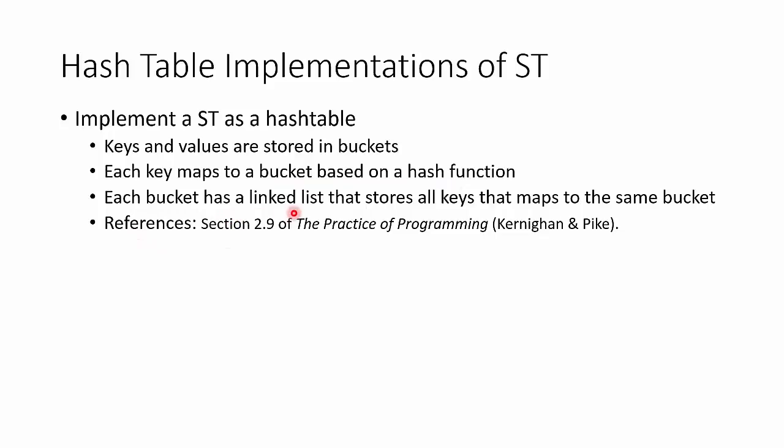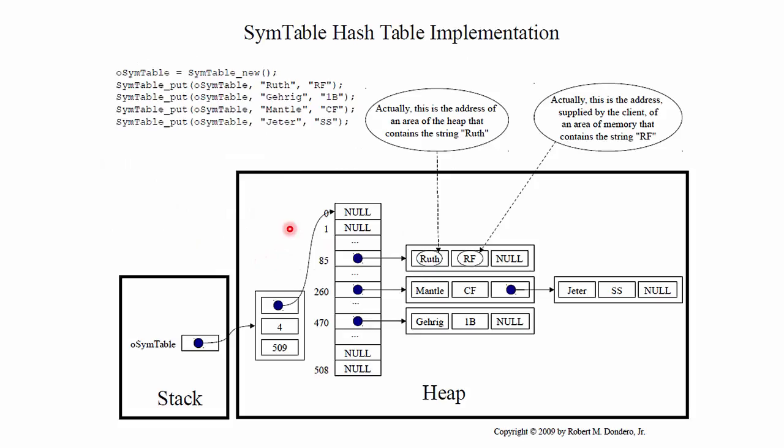Each bucket has a linked list that stores all the keys that map to the same bucket. It is possible that two keys, when you apply the hash function, will map to the same bucket. In that case, we will create a linked list from that bucket to attach those two keys and values that have collisions. So that's the idea. There are some references here that you can take a look at.